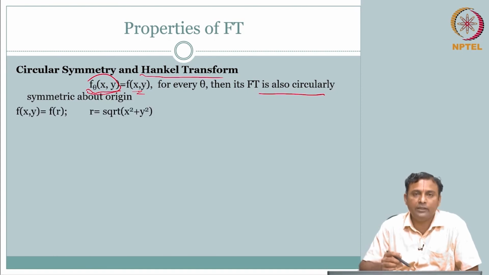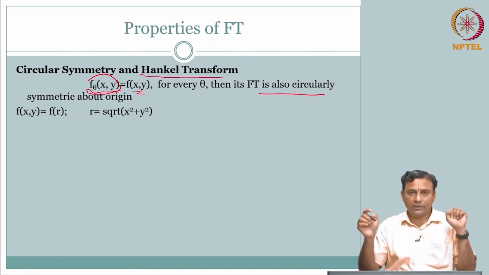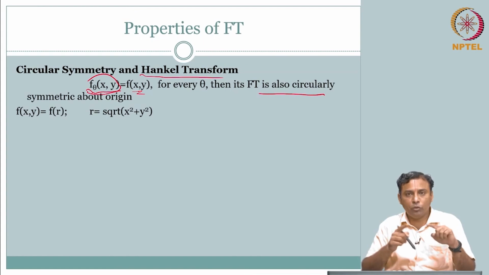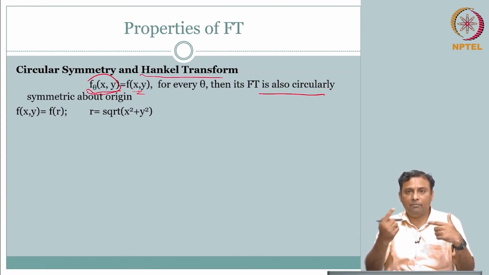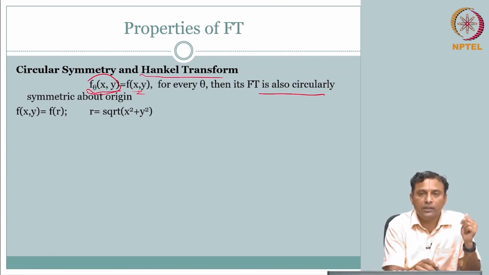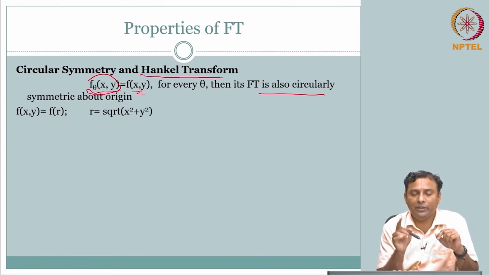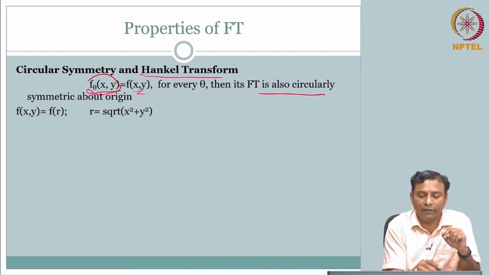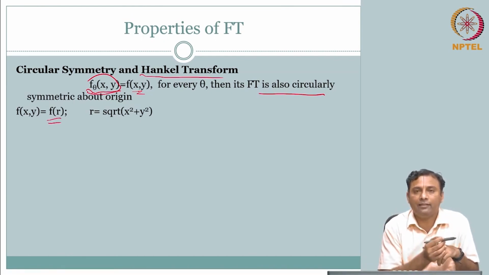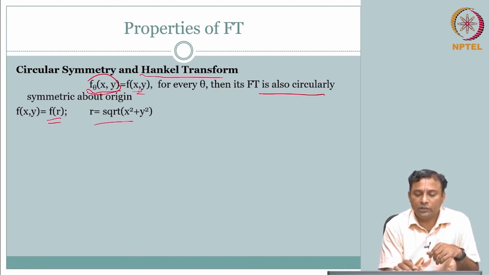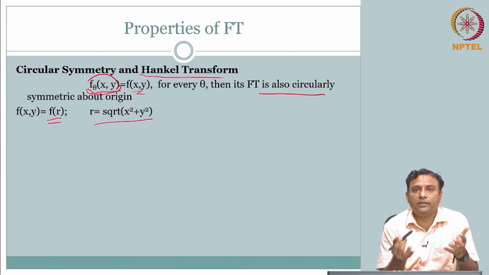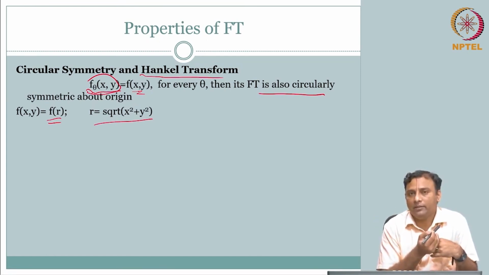So instead of 2 dimensions, write r comma theta. If the signal is the same irrespective of theta, we can reduce the 2 dimensions into 1 dimension. So you can write f of x comma y as f of r, only a function of radius, where r is the square root of x squared plus y squared. Because it is circularly symmetric, theta does not matter.